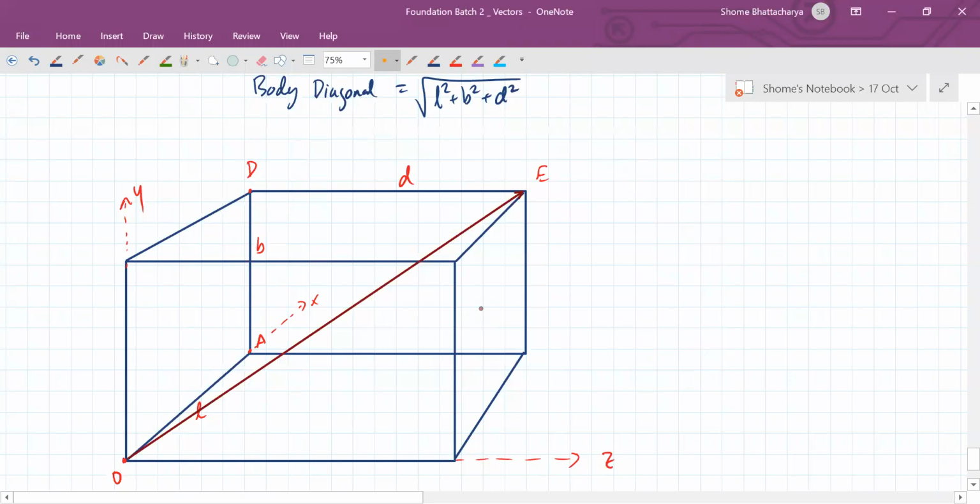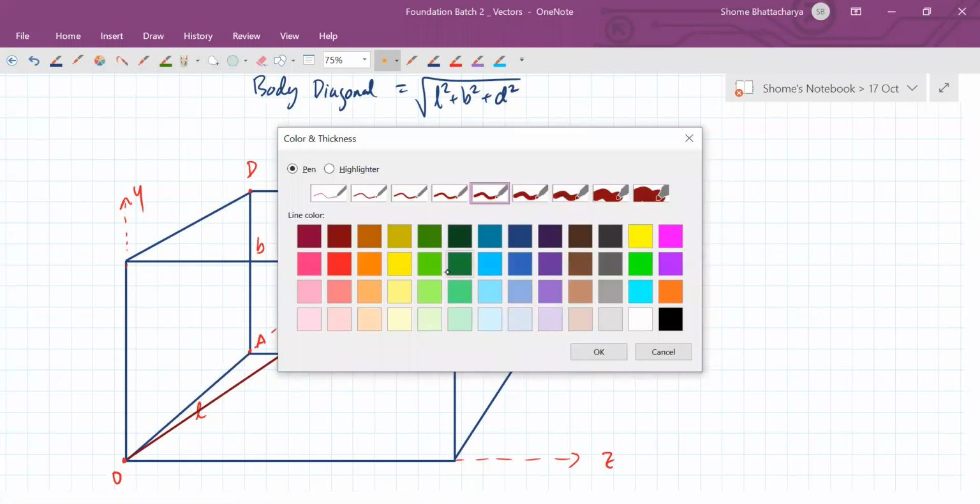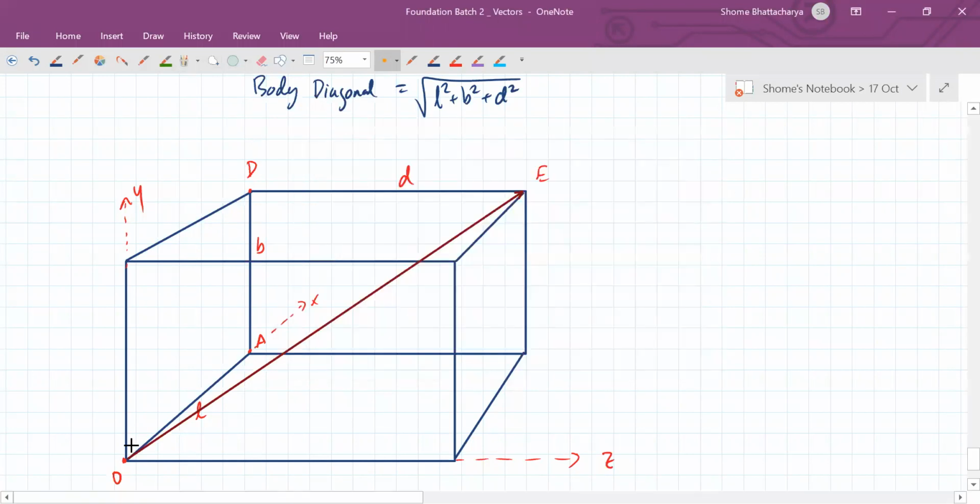But in between also, let's keep track of this side. In this diagram, first let us concentrate on triangle OAD.